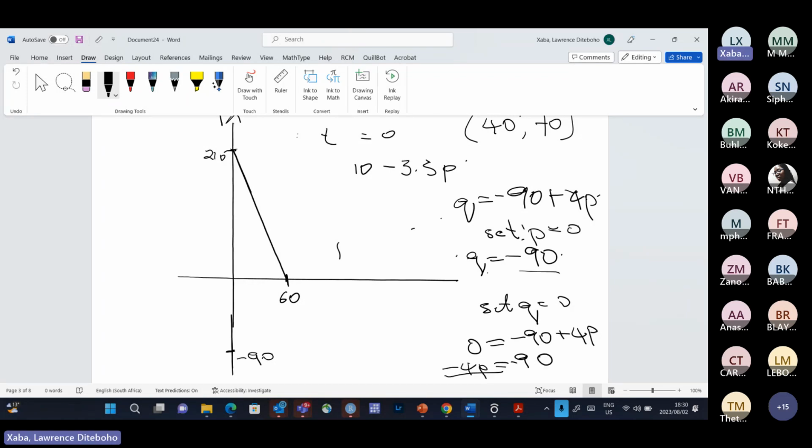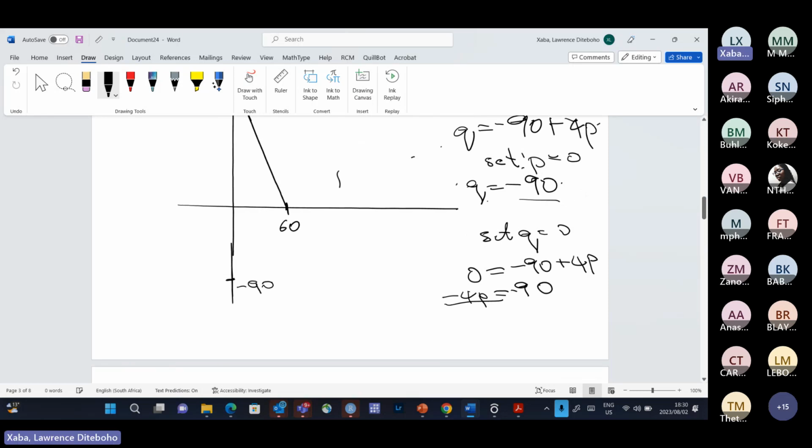But remember, we don't want 4, so we get rid of negative 4 to have the value of P by dividing by 4. Then P equals 90 divided by 4, which is 22.5. That represents our price. So let's put 22.5 somewhere here.